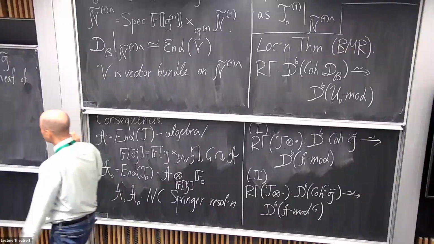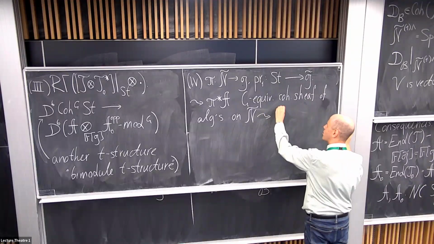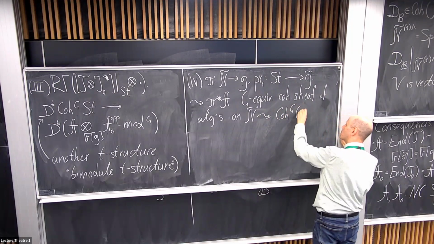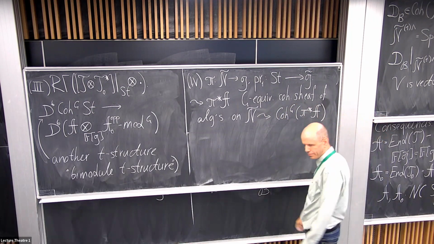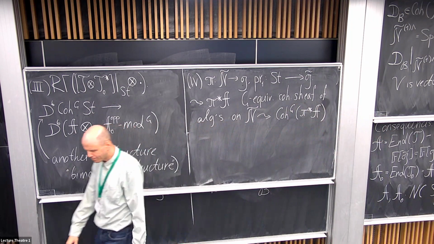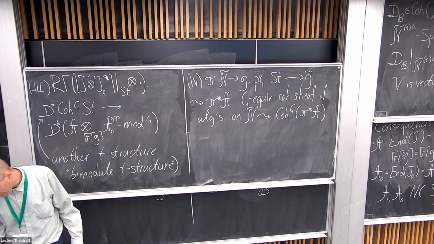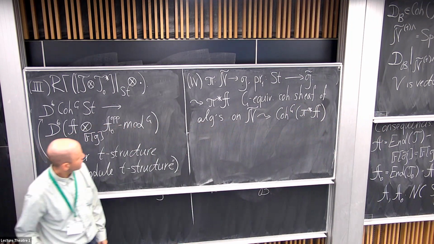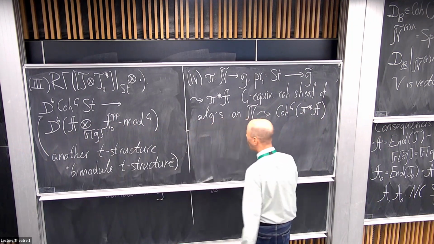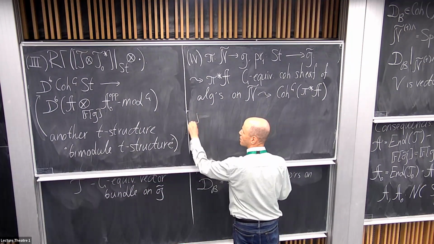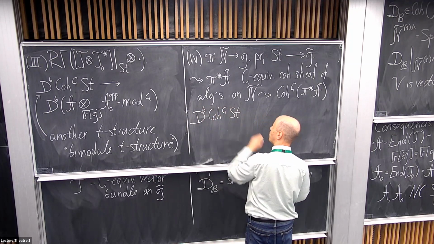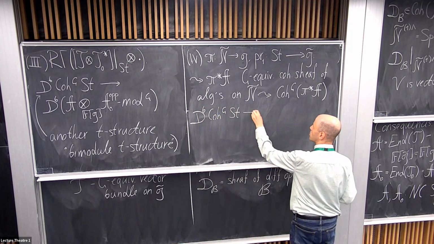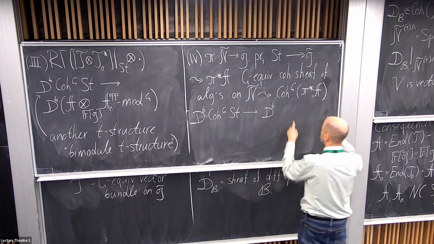And I can look at the category of G equivariant coherent sheaves over this coherent sheaf of algebras. So that's another category that I care about. And I want to produce a functor. It's going to go, as usual, from D^b Coh G of Steinberg to D^b of this category.